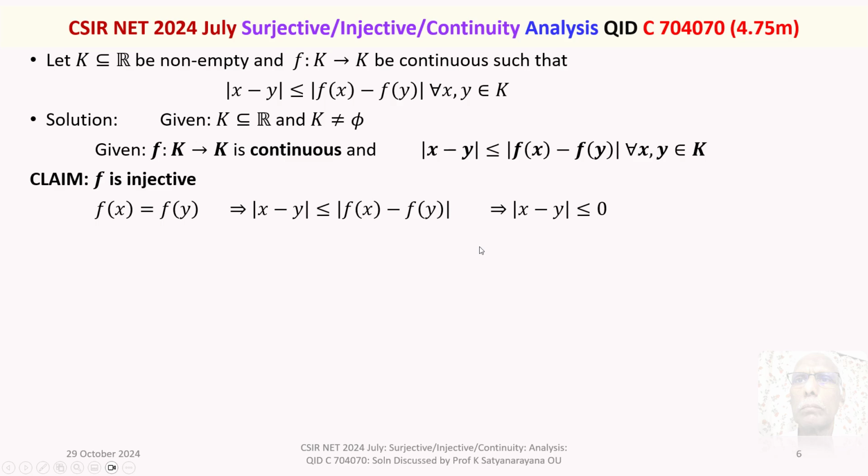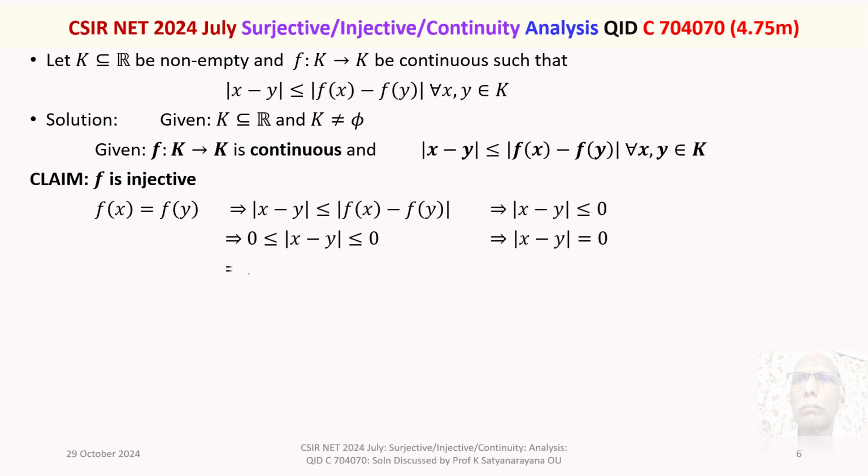But the modulus function is always non-negative. That means modulus of x minus y is greater than or equal to 0. This implies 0 less than or equal to modulus of x minus y less than or equal to 0. So that will imply modulus of x minus y is 0.